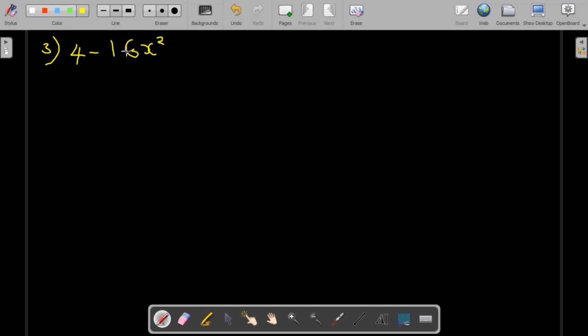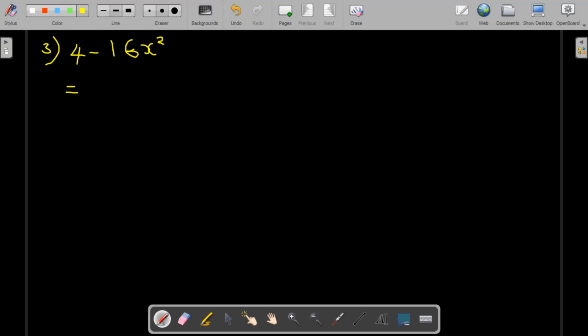That's the example number 3 that we have. They have said 4 minus 16x squared. We're going to do the same as what we did in the previous example.